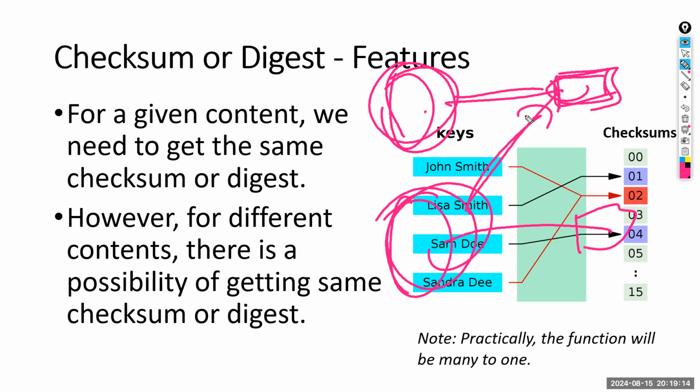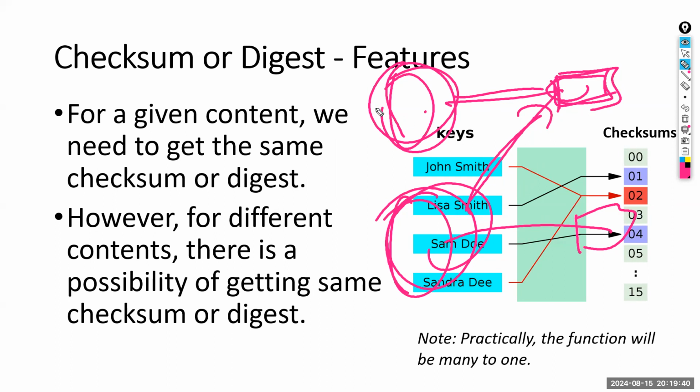But it is usually not a very big issue. The big issue is if for the same content, you are not getting the same digest. So as long as for different content you get different digest, that is good. But rarely for different content you may get the same digest.